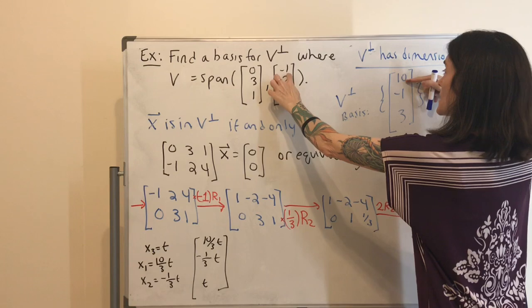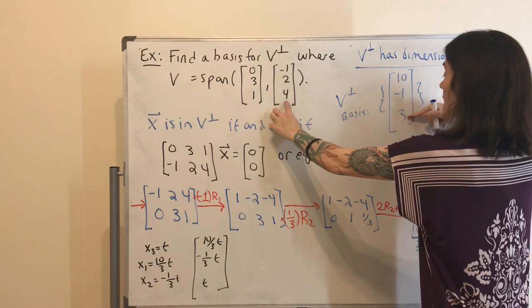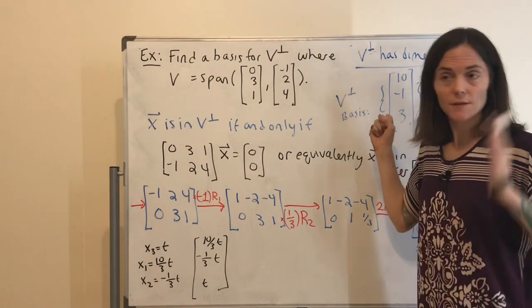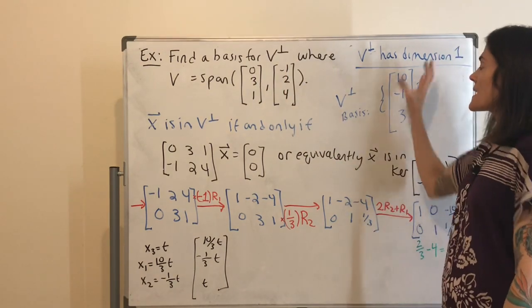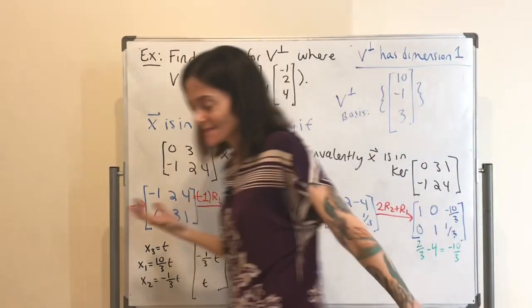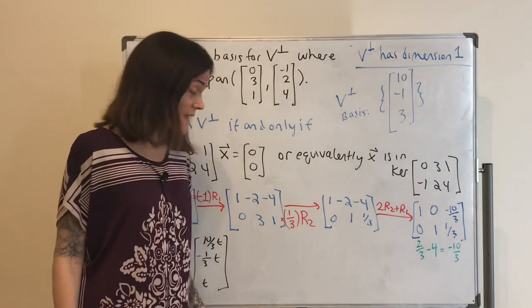And then this is going to be minus 10, minus 2 is negative 12, plus 12, 0. So this is one non-zero vector, linearly independent, perpendicular to both of these. Well, we're looking for something one dimensional, so we have found a basis for the orthogonal complement of V.